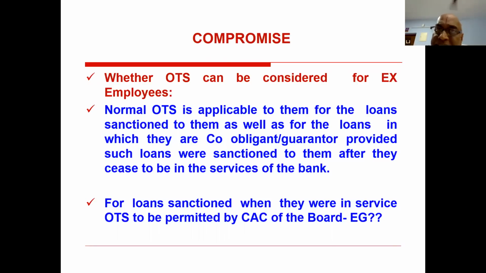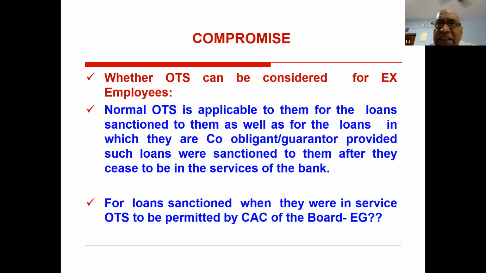Similarly, retail loans can be given to the close relatives of the employee. So when an employee was in service, you are given, let us assume, a retail loan to a close relative of the employee. Who can sanction the retail loan to a close relative of the employee, provided he or she is eligible? Scale 4 and above can sanction a retail loan, or any other loan, to the close relative of the employee.